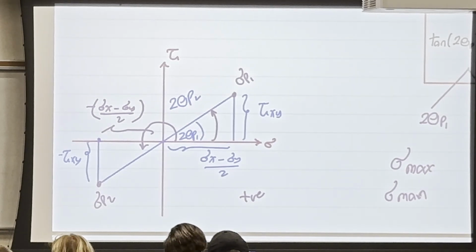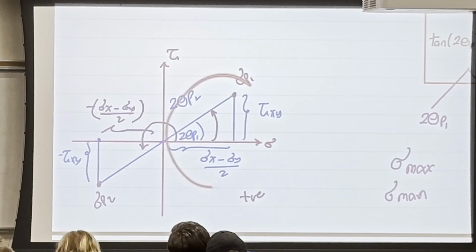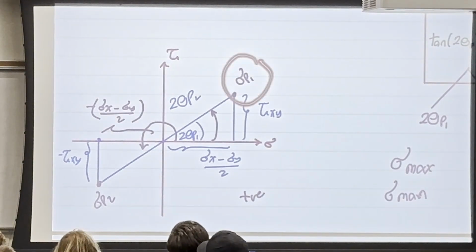Is that clear? So to figure this out, you need to substitute in the equation that will be given in the question, which is sigma x minus sigma y over 2. Is it positive or negative? If it's positive, that means you are here. If you are here, then the theta gonna take you to sigma P1.